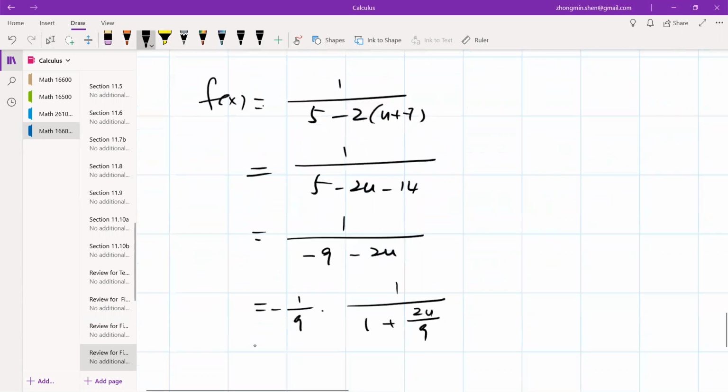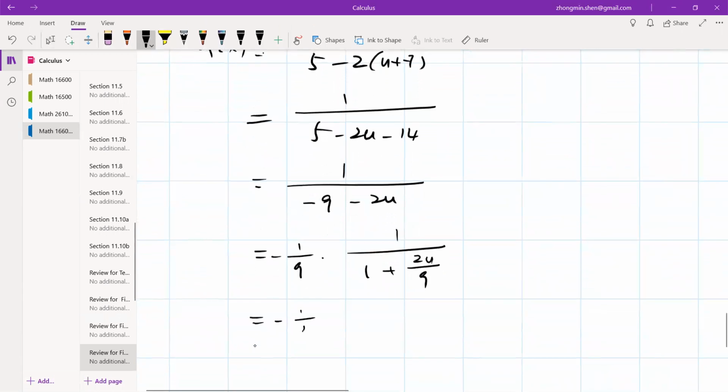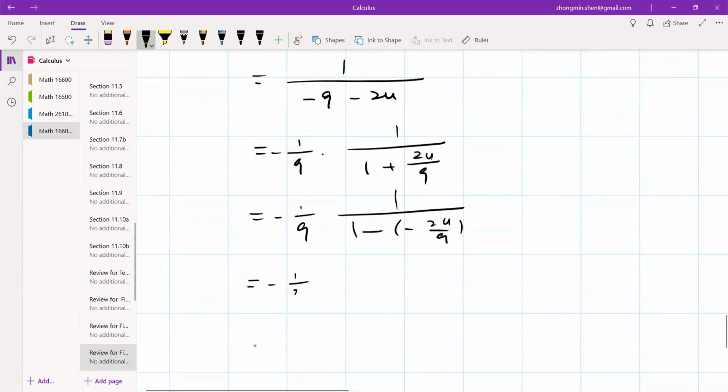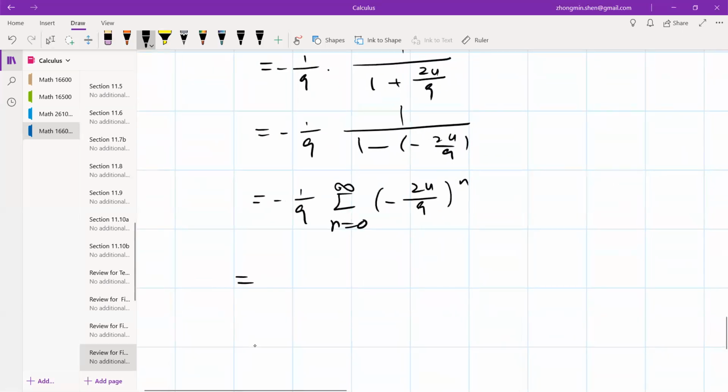Okay. So in order to use that formula, you have to put a negative 2u over 9 here, with a minus. So finally, you take the negative sign out, and you get the sum over n of (negative 2u over 9) to the n, and u is x minus 7.